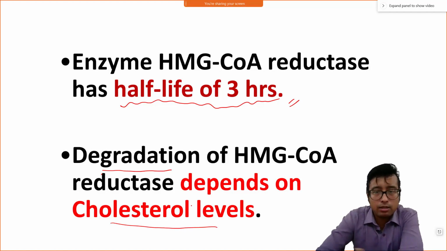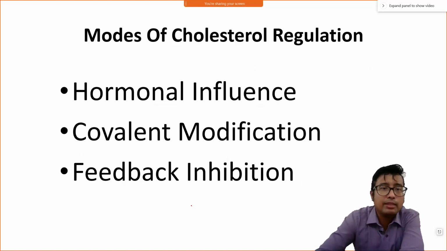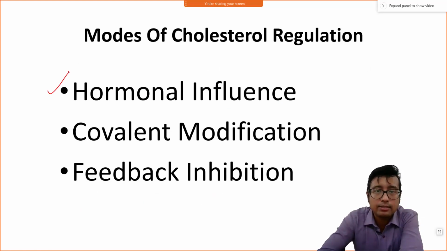Okay, this is a concept, but the main key points in your answer, the main headings, will be these. Number one, hormonal. Number two, covalent modification, and number three, feedback inhibition. This is not only true for HMG CoA reductase, but for any enzyme.